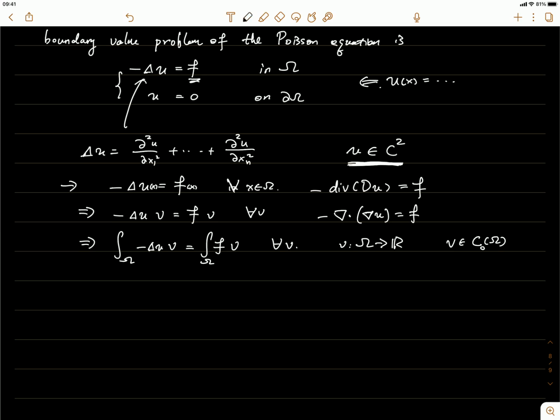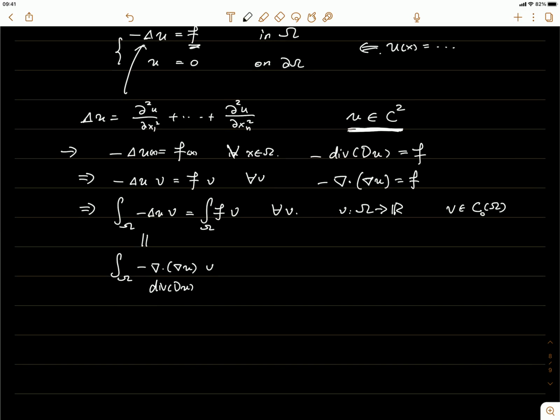Now what we can do is integration by parts. Let's split the gradient out of this Laplacian. This should be the negative of the divergence of the gradient of u, times v, dx. Then we can apply integration by parts.